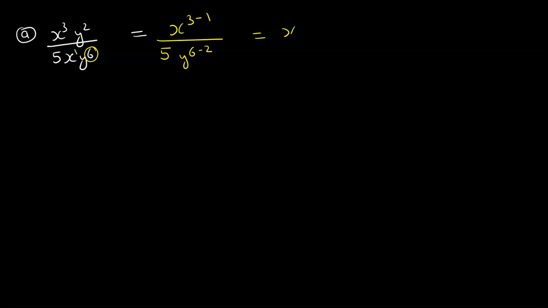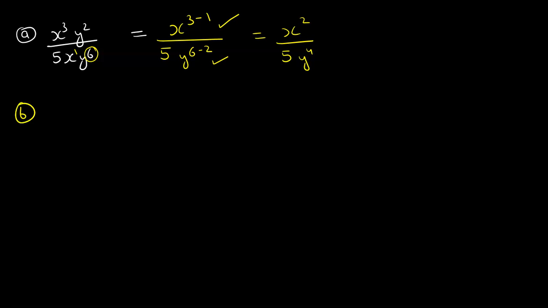So we get x squared over 5y to the power of 4, and that is our final answer. We just have to take a look at which variable has the bigger power. Here x was bigger in the numerator, so we did the subtraction in the numerator. For y, we did it in the denominator, because it has the 6 power.